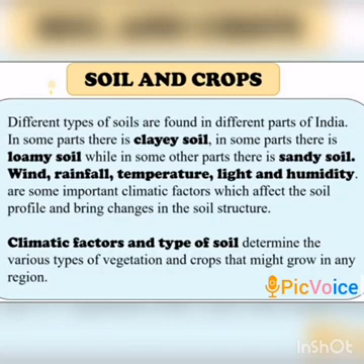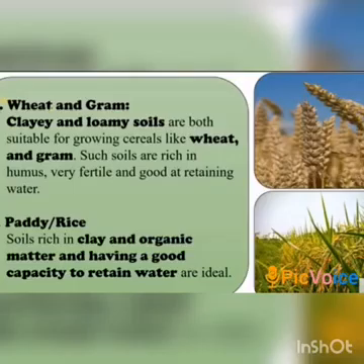Is it, children? Now let us see what kind of soil is apt for what kind of crop. The components of the soil determine various types of vegetation and crops that might grow in any region.